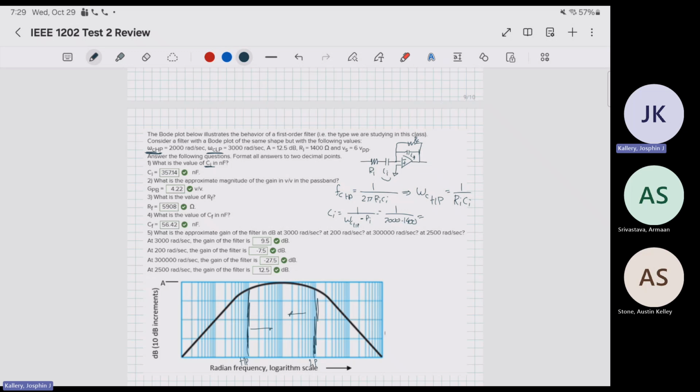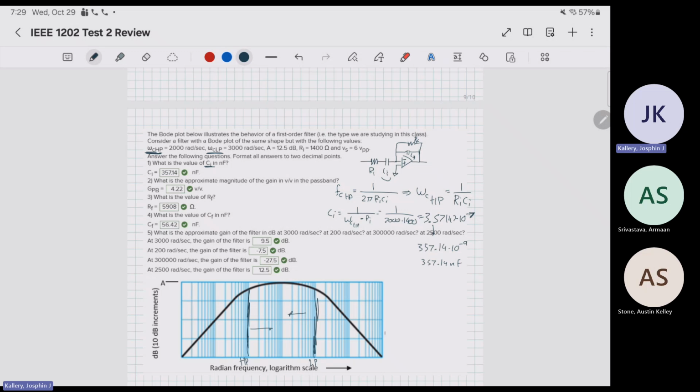When we do that, we should get a value of 3.57142 times 10 to the negative 7. And remember, we need this to be 10 to the negative 9 because we wanted nanofarads. So this is 357.14 times 10 to the negative 9, which is basically 357.14 nanofarads.